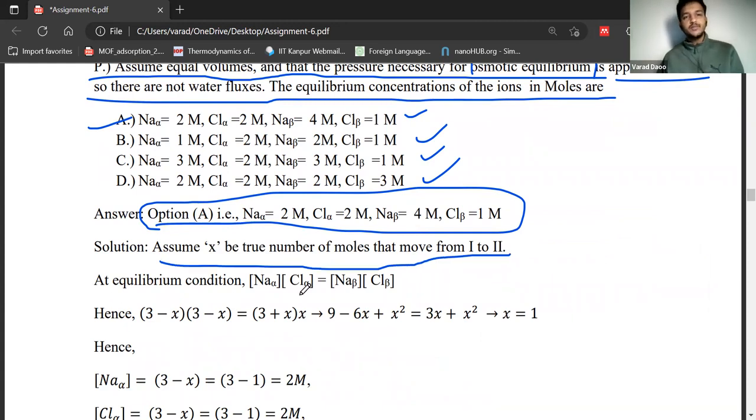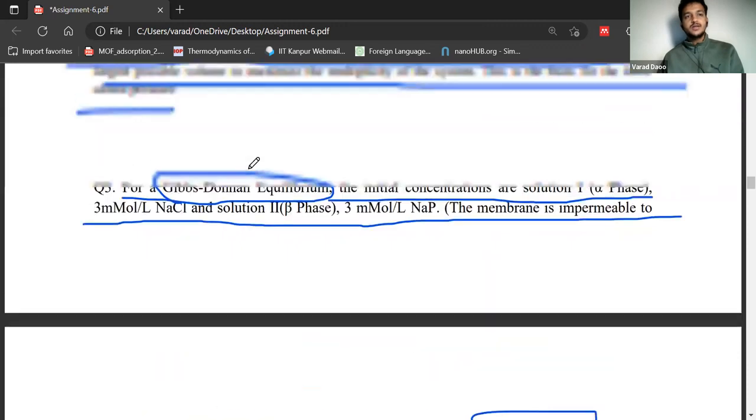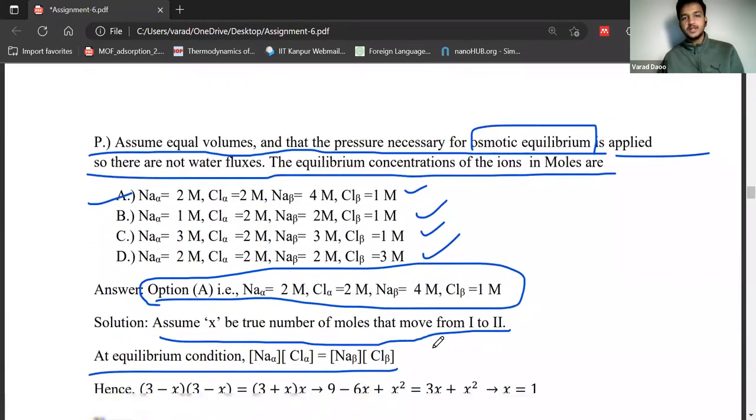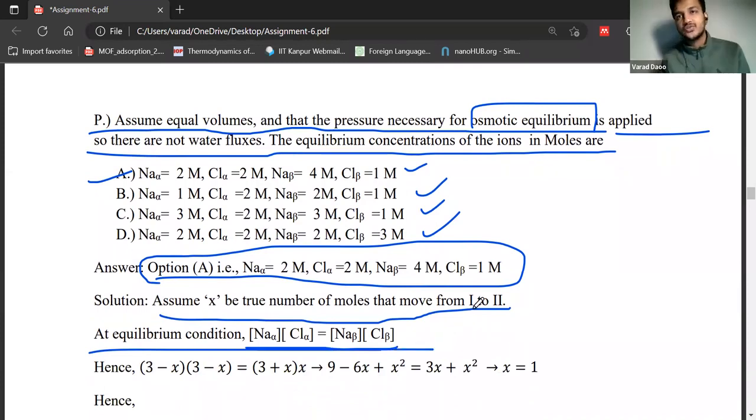So at equilibrium, using this Gibbs-Donnan equilibrium, we know that the concentration of sodium in alpha phase multiplied by concentration of chlorine in alpha phase is going to be equal to the product of concentration of sodium in beta phase multiplied by concentration of chlorine in beta phase, right?